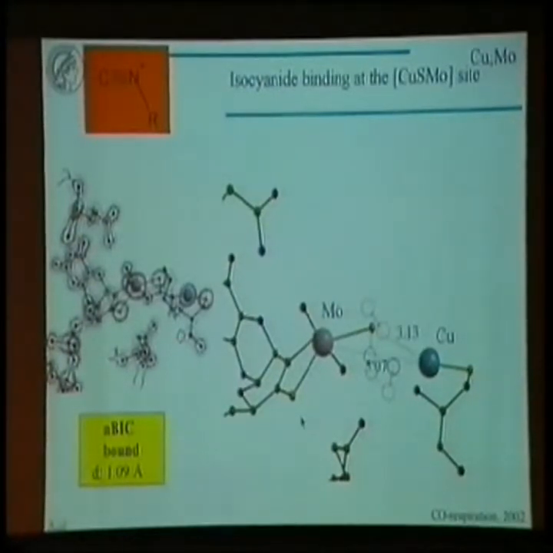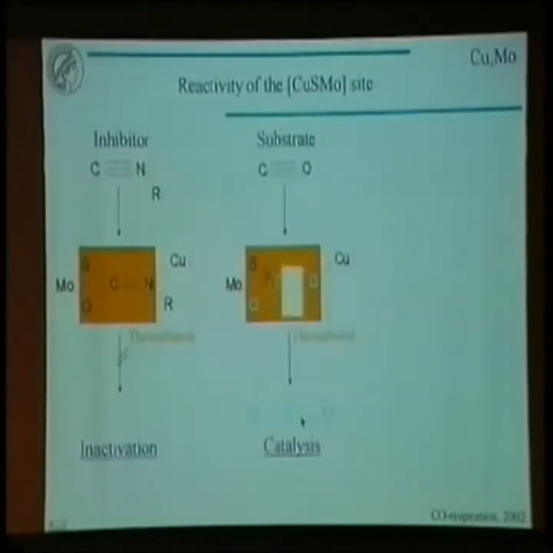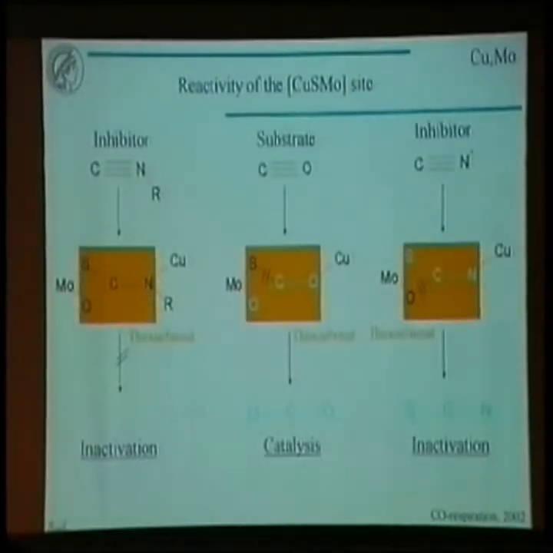I come back to that later, perhaps, to introduce you to these various ligands. This is the CO substrate. This is the cyanide inhibitor, which leads to inactivation. And this is the butyl isocyanide.